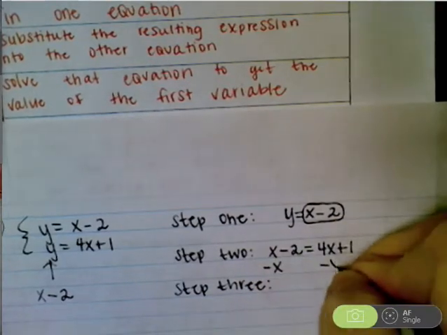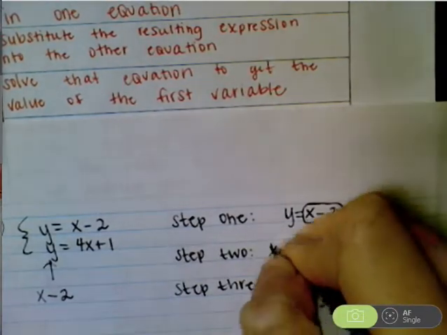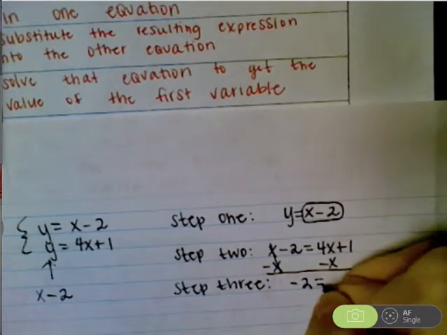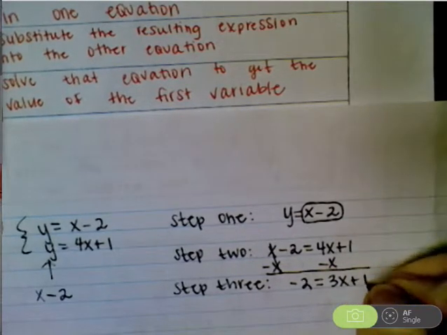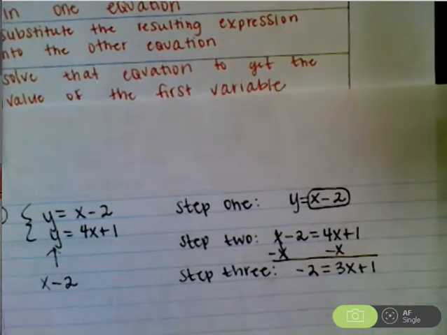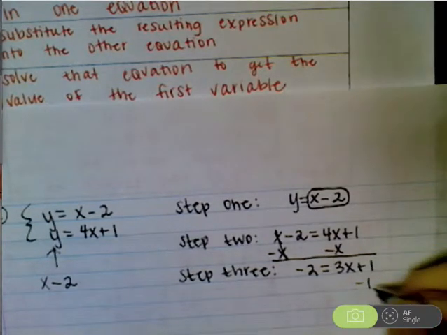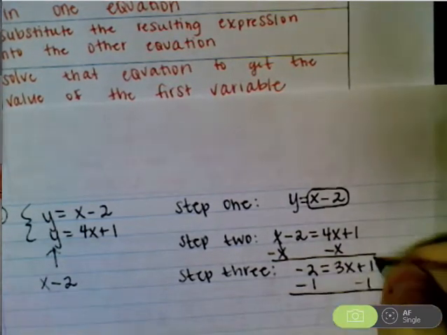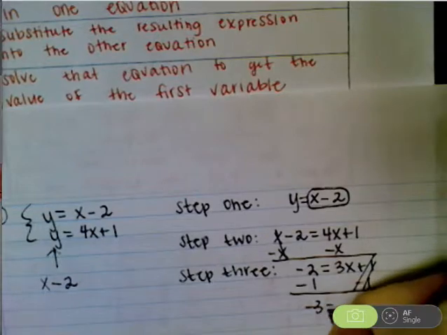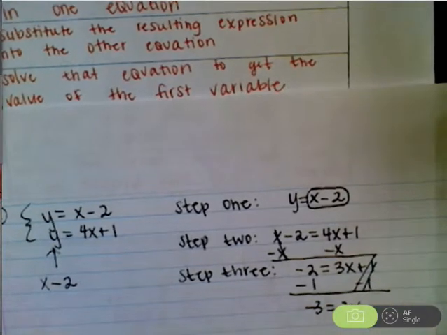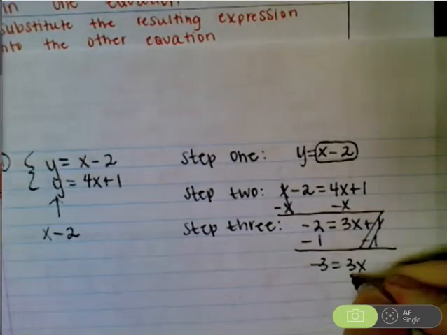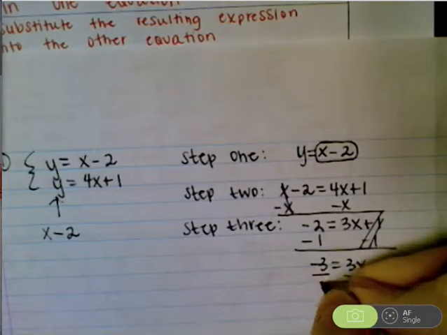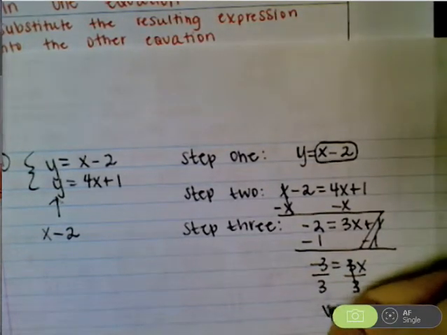Good. So then we got 3x, and then we'll do minus 1. So I get negative 2 equals 3x plus 1. Then I would subtract 1. And then you got negative 3 equals 3x. And then what do I do last? And then you divide by 3, and you get x equals negative 3.